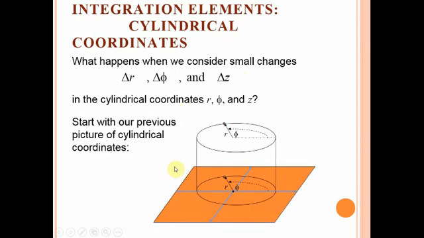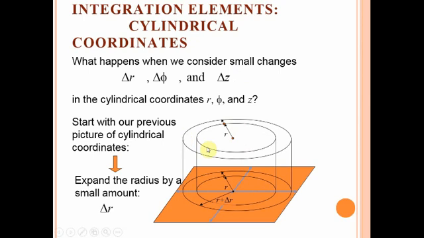In cylindrical we have r as a position, phi and z. We can create another cylinder outside this with the radius r plus delta r, where delta r is the increment in the radius side.